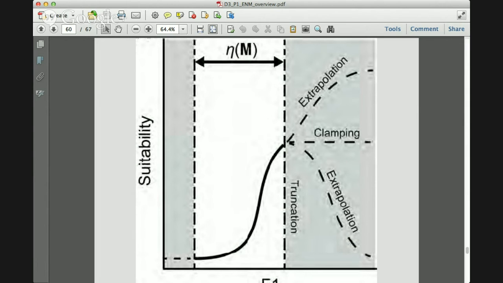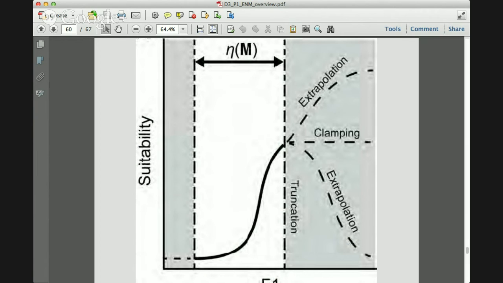To the left side, well, we're going to probably be okay making the assumption that our species has a unimodal response to this environmental characteristic. And so I'm okay with basically assuming that the response to still lower values in this diagram, which is to say values farther left, will be 0 or low.